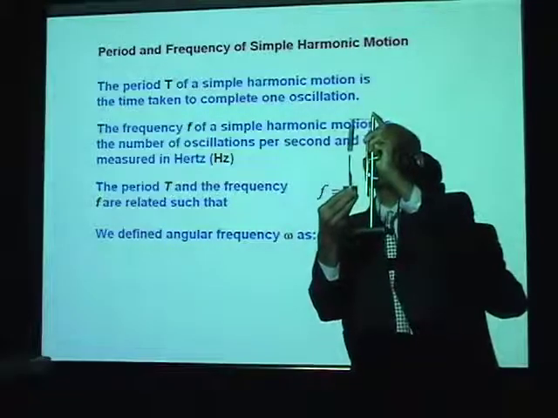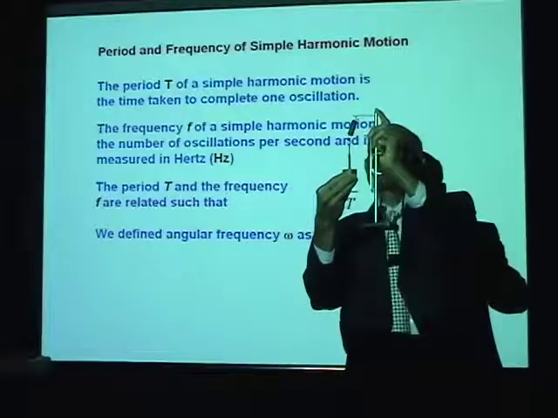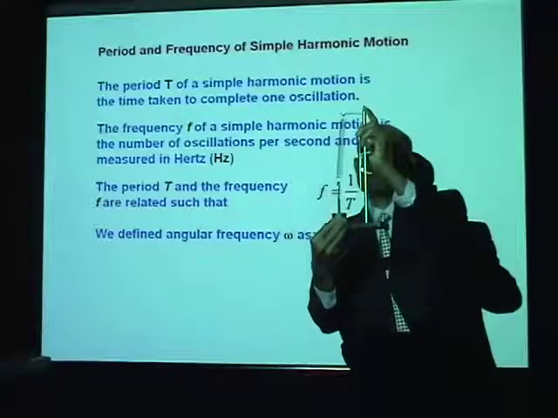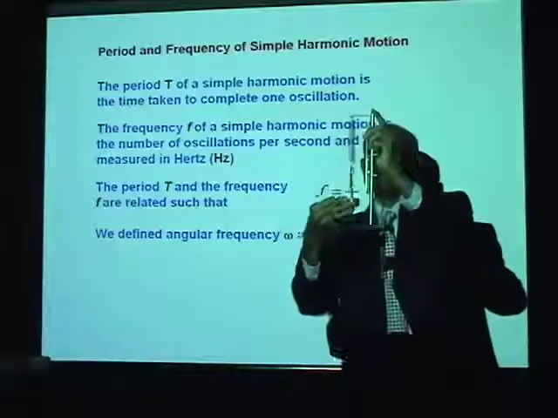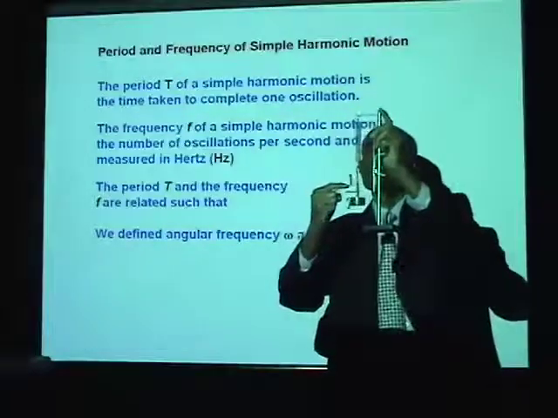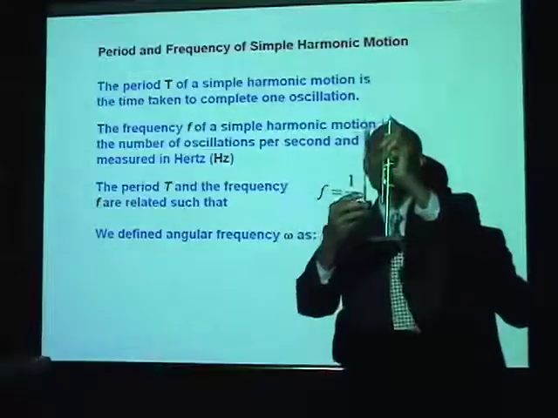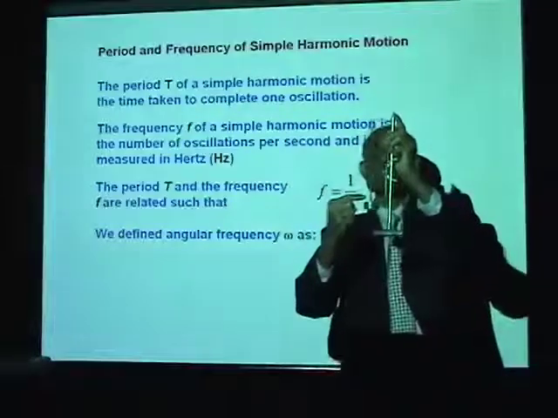When it goes from equilibrium to upper extreme, the angle is pi by 2. From pi by 2 to pi, to 3 pi by 2, 3 pi by 2 to 2 pi. Now, the angle has changed by 2 pi. Angle has changed from 0 to 2 pi. And the object has completed one oscillation.